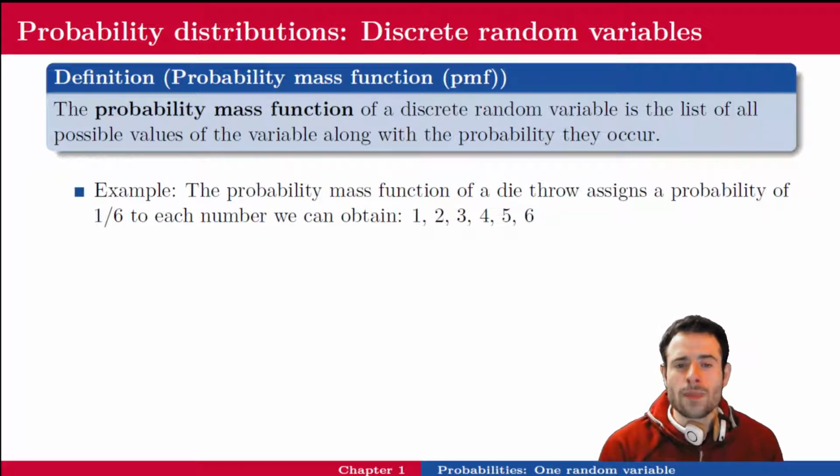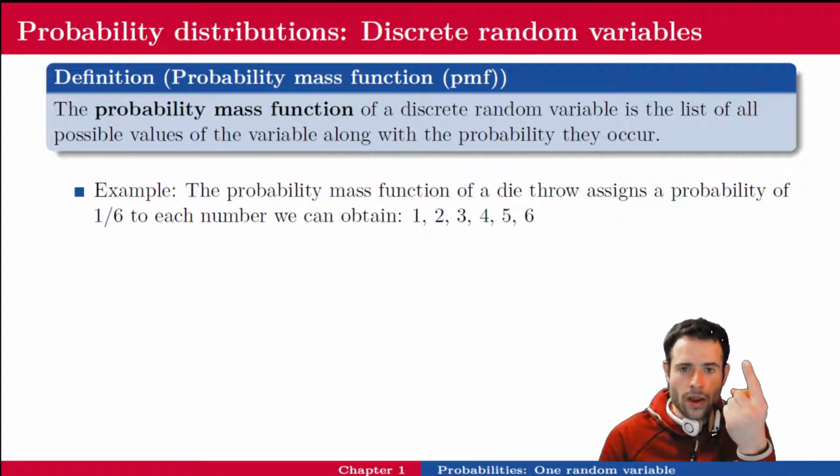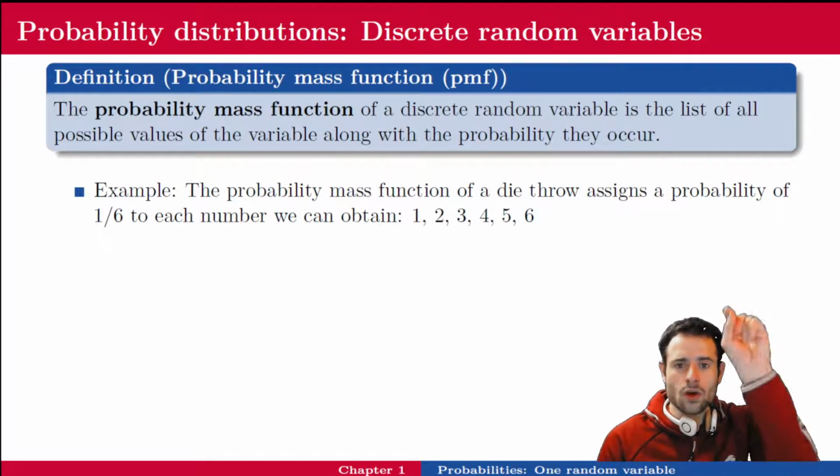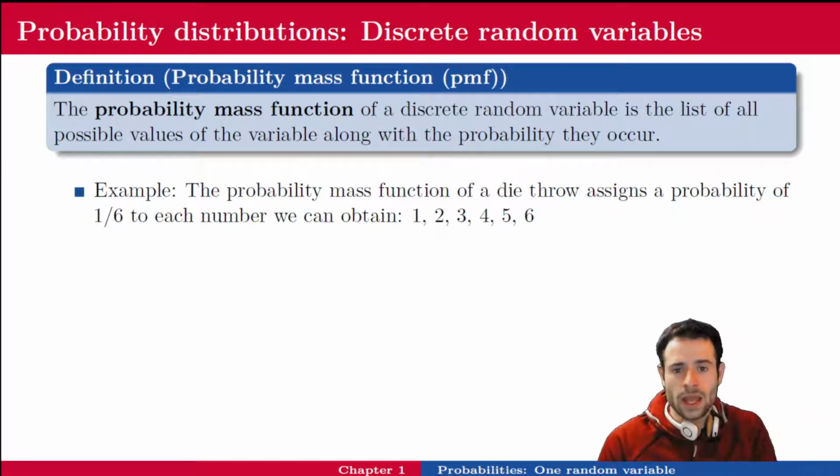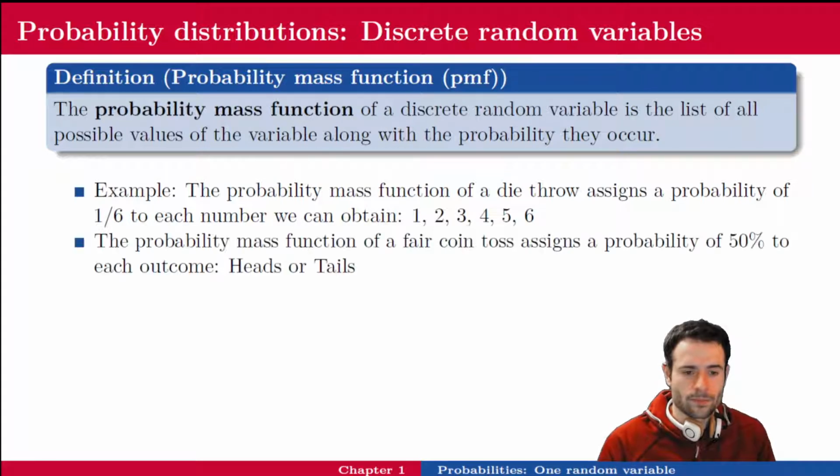This is why we use the term mass, because we can get one number with a given probability, so there is a mass on it, a probability mass. If you think about a fair coin toss, then you can get heads or tails, each with probability 50%.